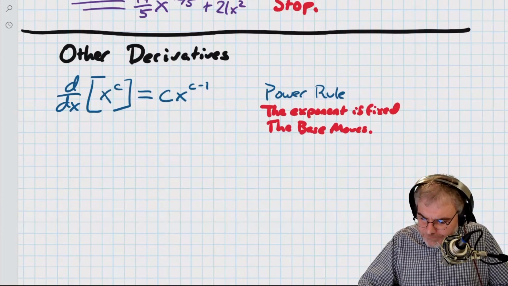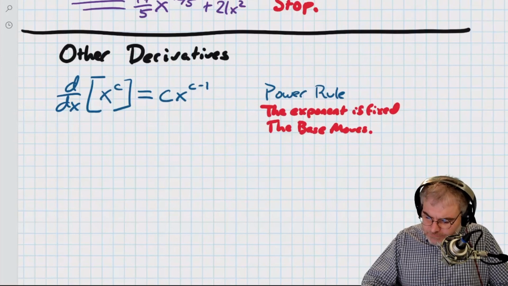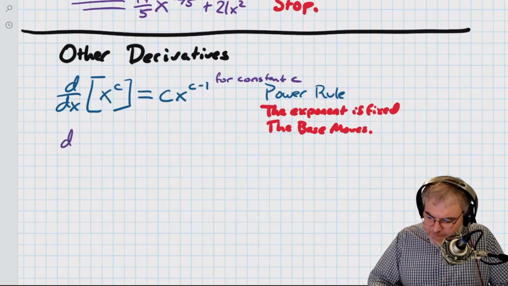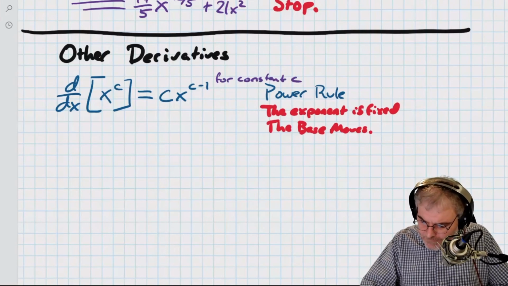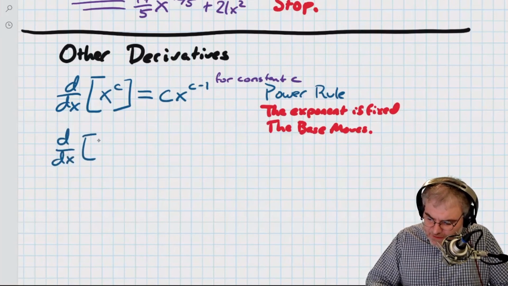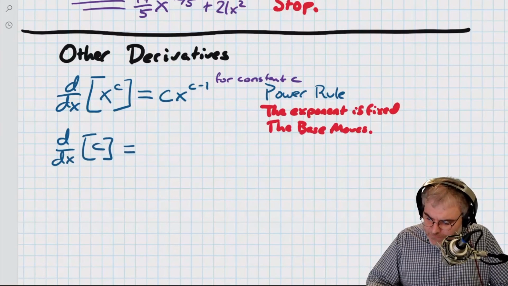Okay? For constant c, by the way, d over dx of c equals 0.